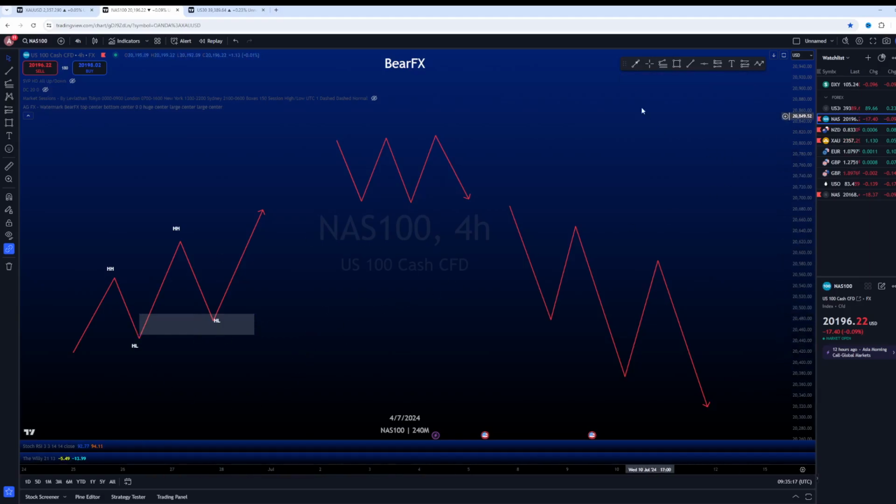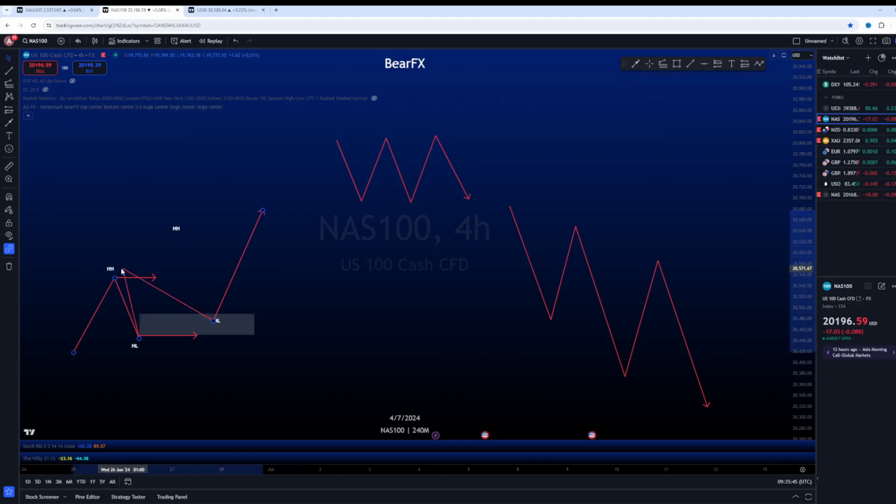So we are now looking at price breaking structure. Price has broken structure and it's starting to pull back. This is going to be our strong low. Why is that a strong low? It's a strong low because price has pushed up and taken this high.